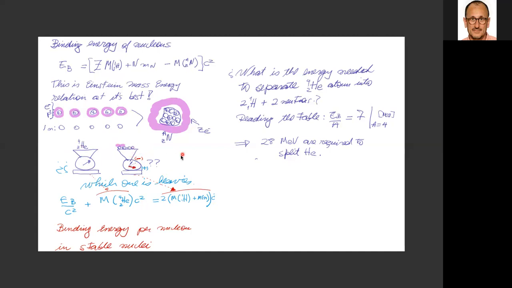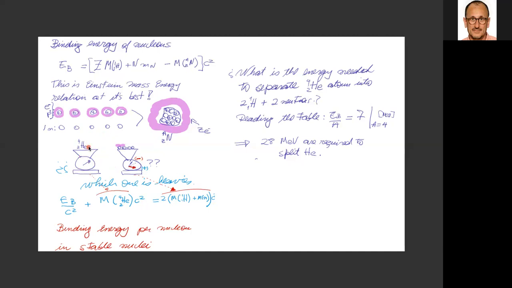So the question is, what would the balance show? Is the balance showing a higher number here or a higher number here? Okay, which one is heavier of the two things?